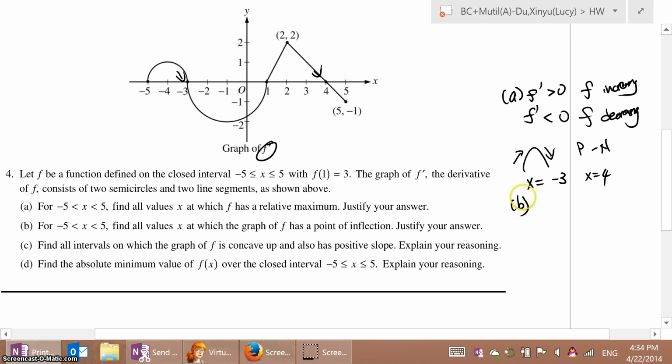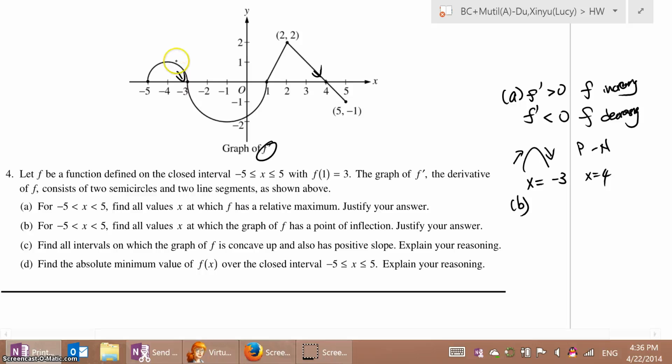Part B, for -5 to 5, find out which graph of f has a point of inflection. So let's review for finding inflection. The inflection point happens when the graph of f prime changes sign.